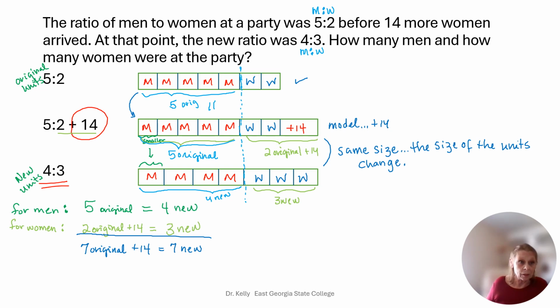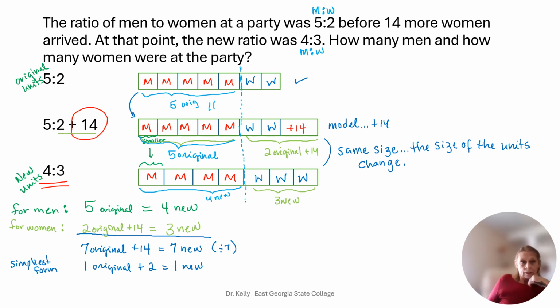In simplest form, which means you just want to simplify it, if we divide everything by 7, we wind up with 1 original plus 2 is equal to 1 new. Ah, we're getting closer to figuring this out.